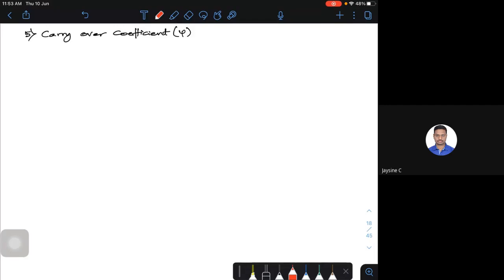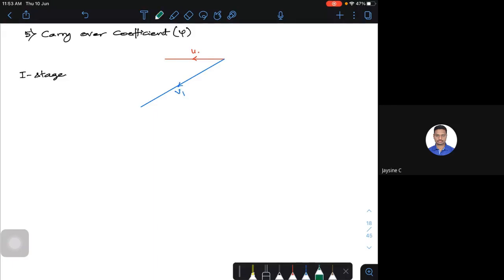Now let us draw the velocity triangle for the first stage of a rotor. I'm going to draw a combined velocity triangle. So this is my u. Then I have my v1, which is my absolute velocity.